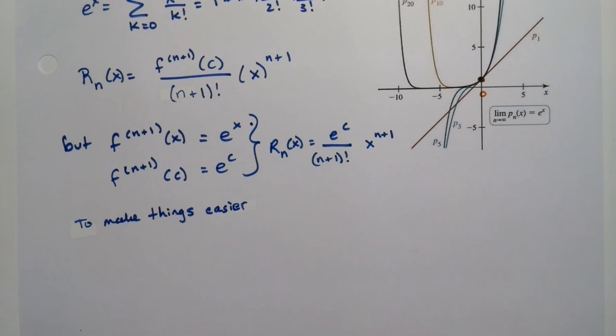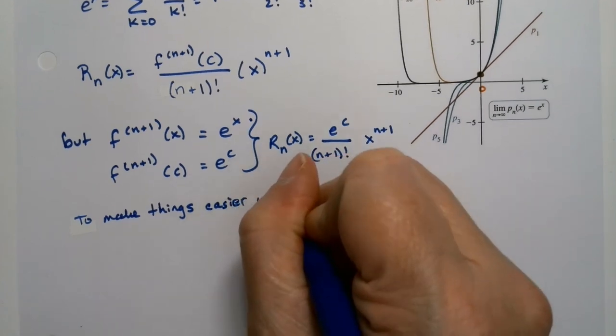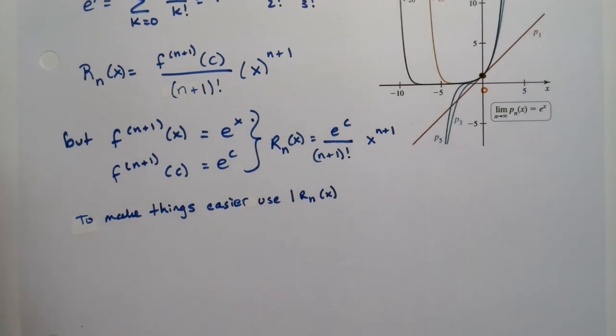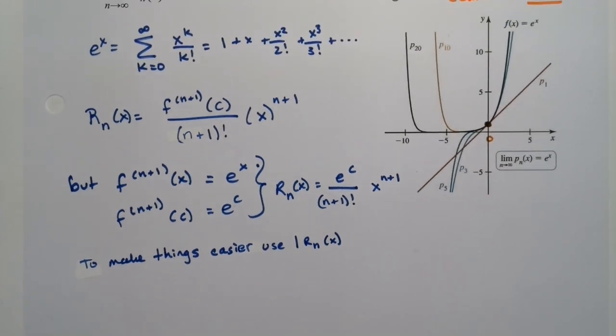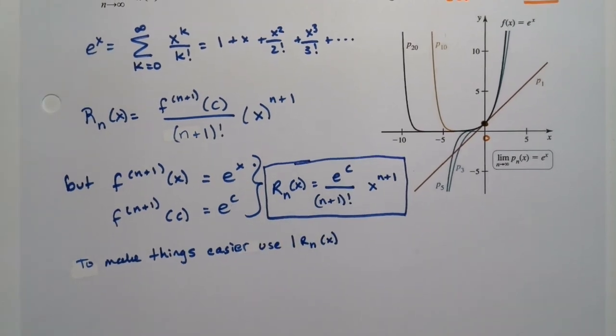What we care about is the size of it, the magnitude of it. So what we're going to do is we're going to use the absolute value of Rn of x. All right, so let's do that. Let's take the limit because they want to show it. Oh, so find the remainder. We did that. Here's the remainder. Right? The remainder is right here.